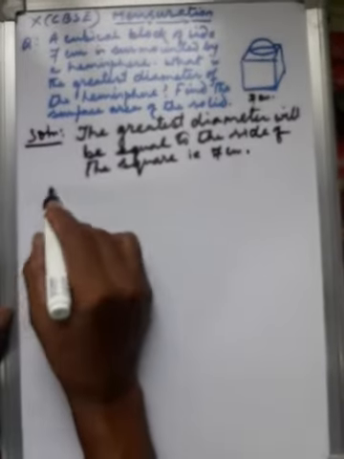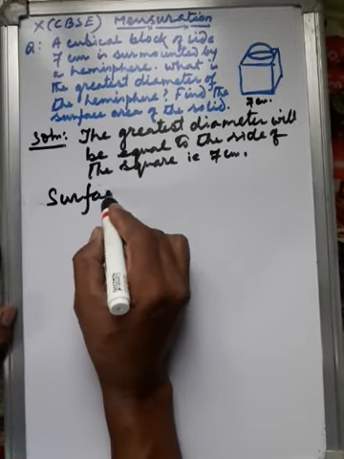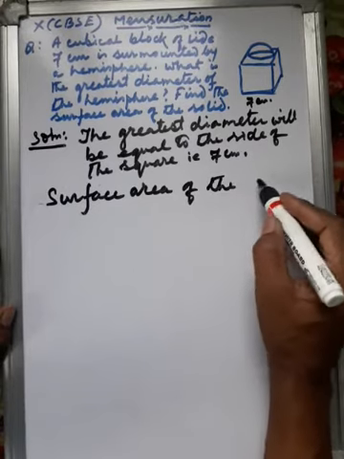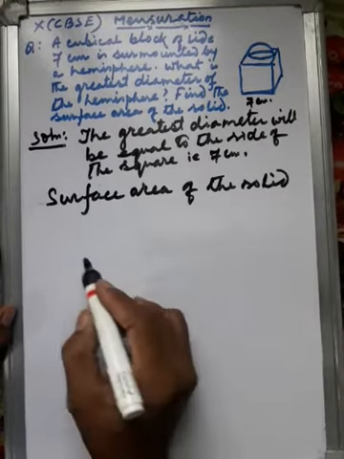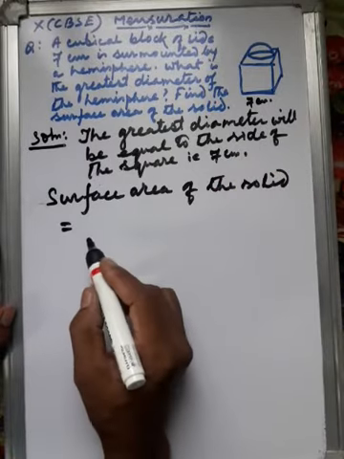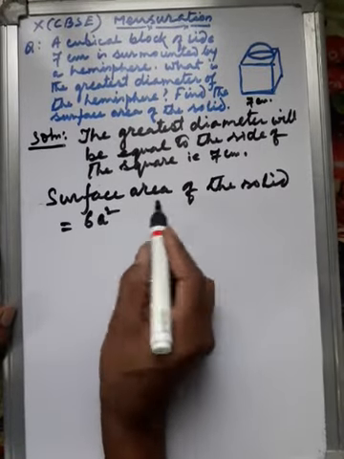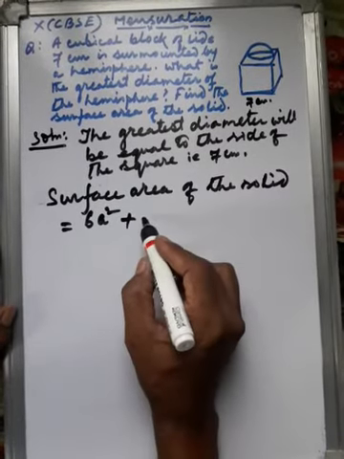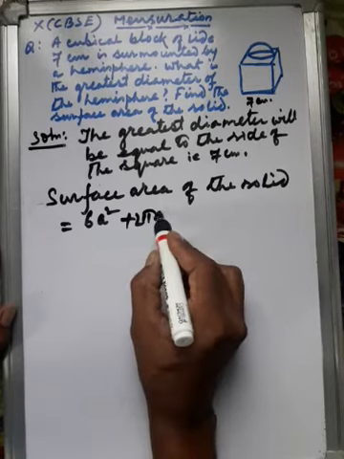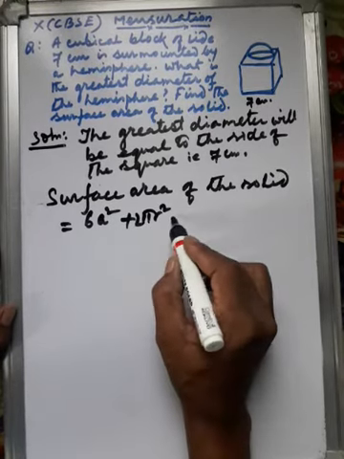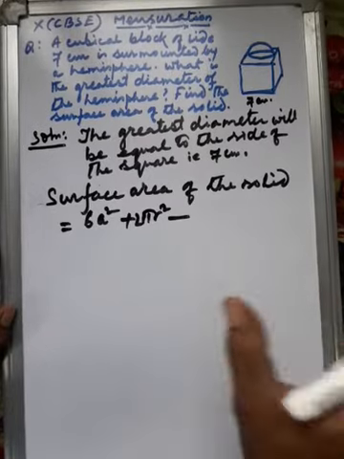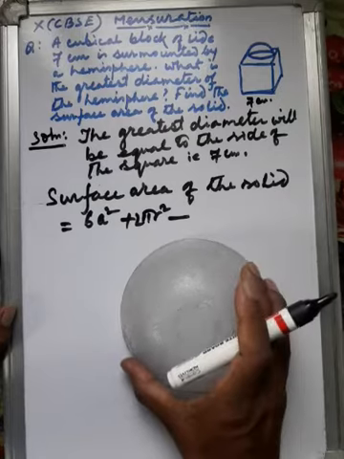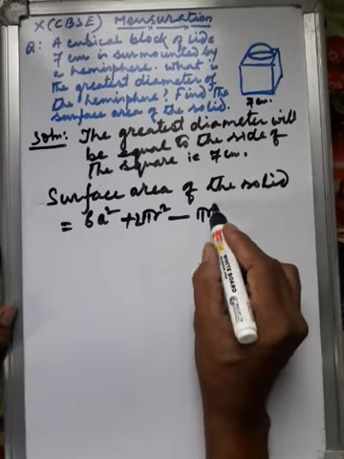So simply write, surface area of the solid equal to surface area of the cube, that is 6a square, plus the surface area increased, 2 pi r square, by the hemisphere, and the surface area decreased due to the hemisphere placed on it. Just now I told you, if you place it, it will decrease the area equal to pi r square.